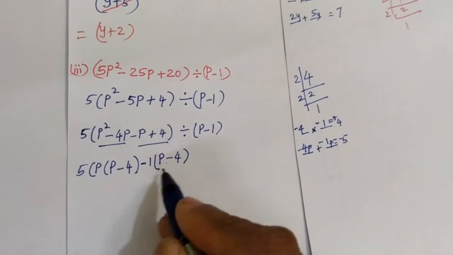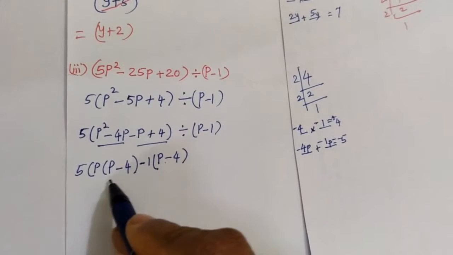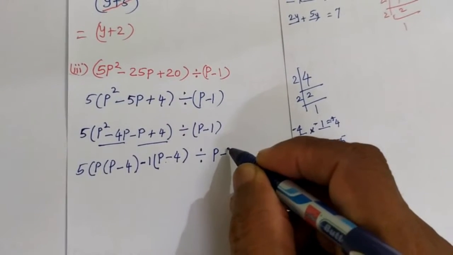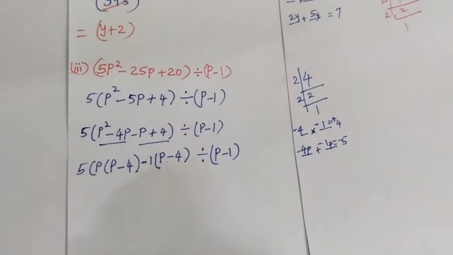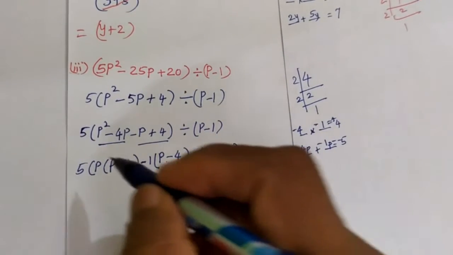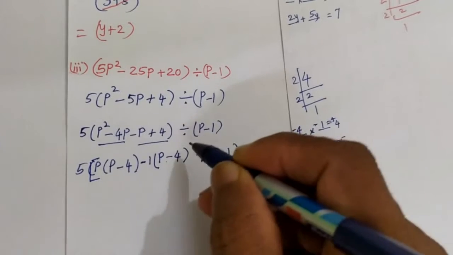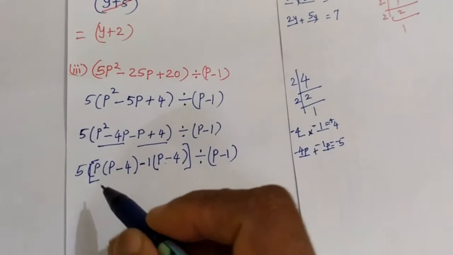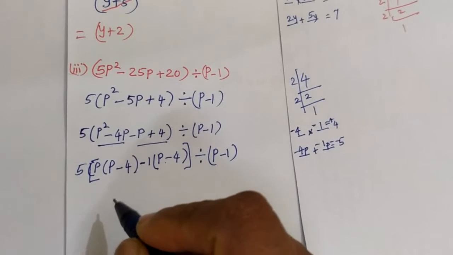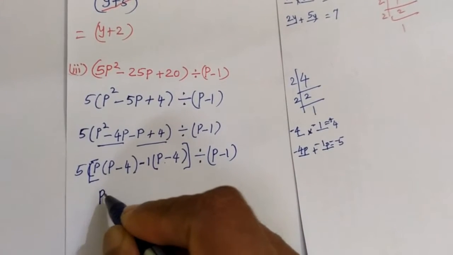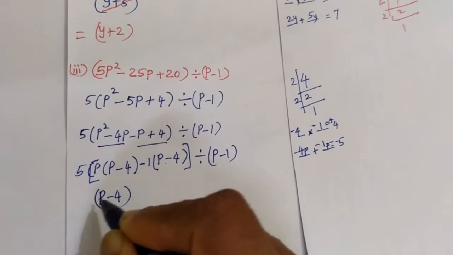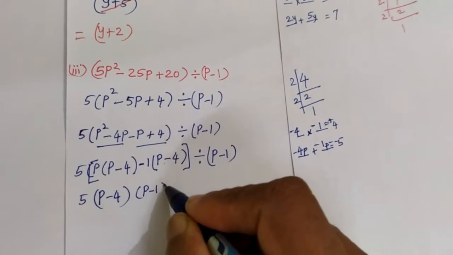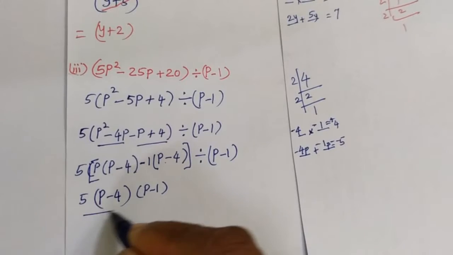As we have told, both the binomials that you get will be the same. If you do not get that, you have to check it. So this whole thing will be in one bracket. So it will be 5 into p, p minus 4, this 5 is outside, and p minus 1 is in the denominator.